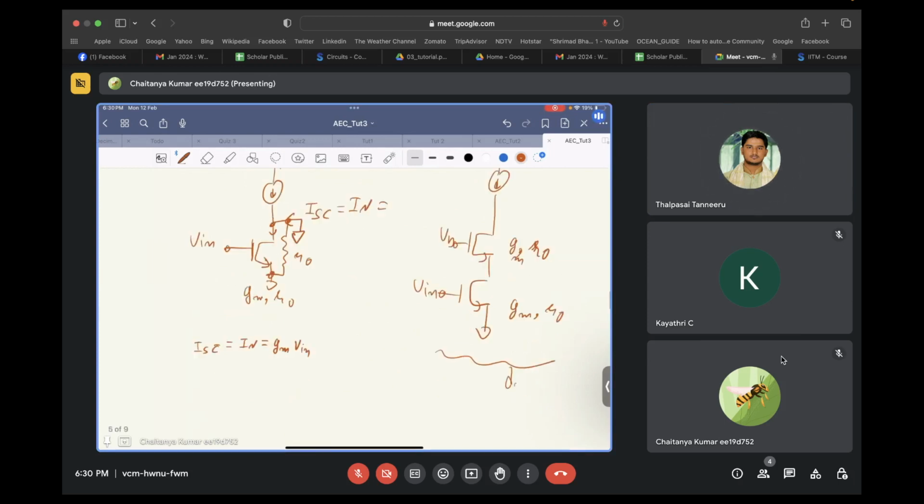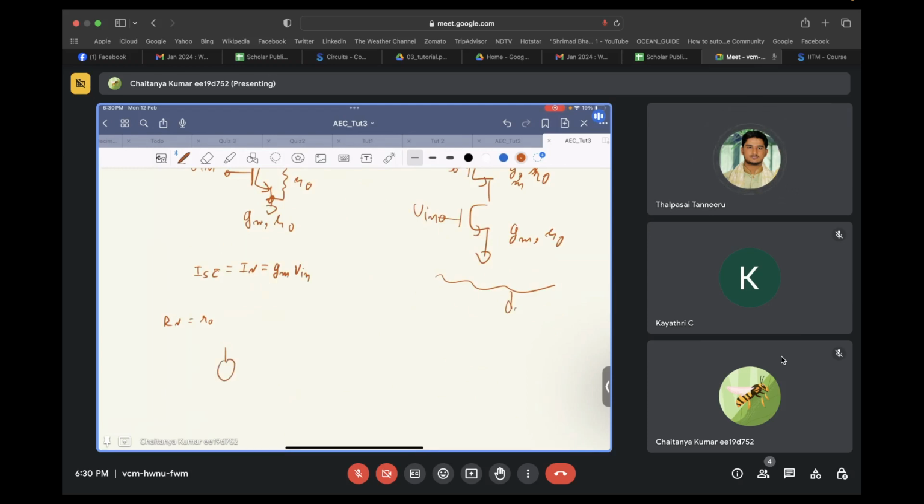What is the Norton resistance or the output resistance? ro. So basically, this behaves as a current source of gm Vin in parallel with ro.